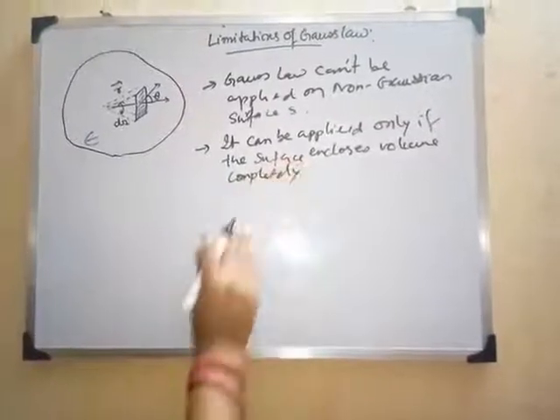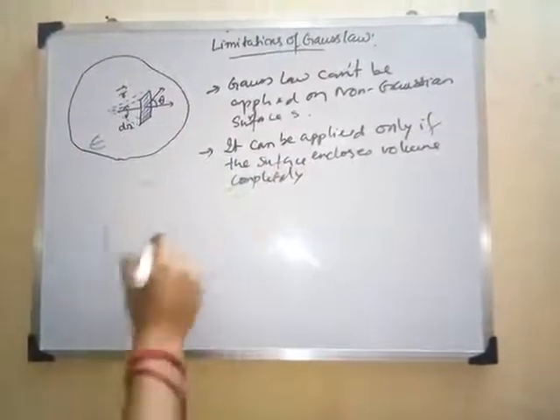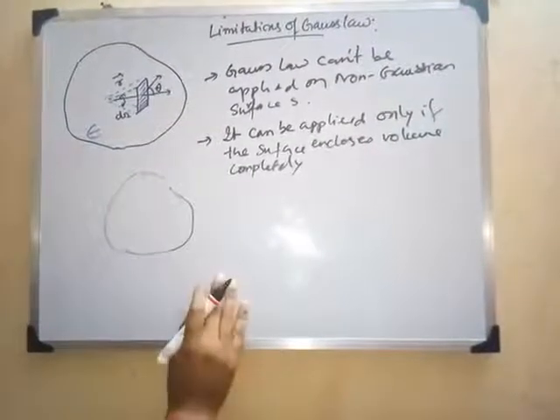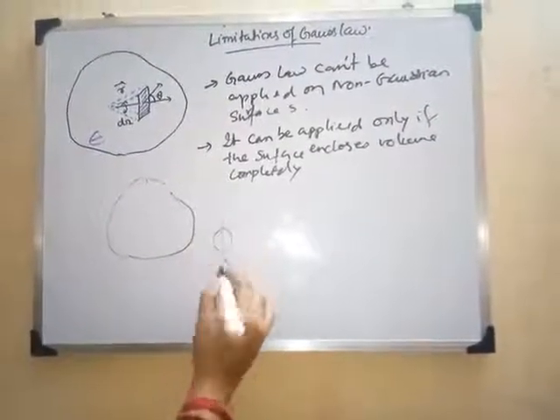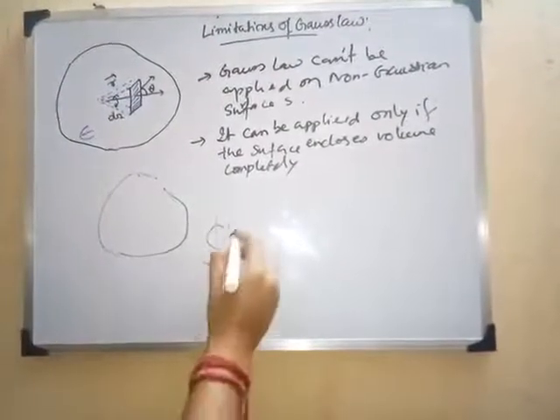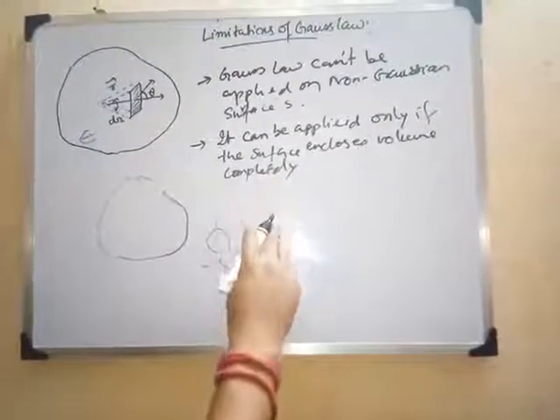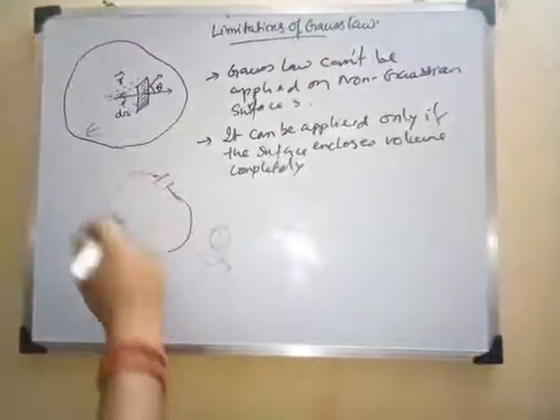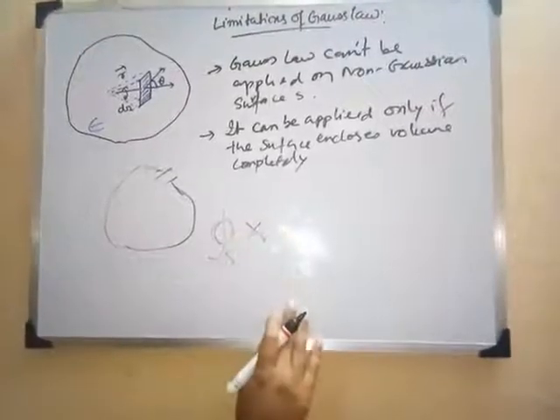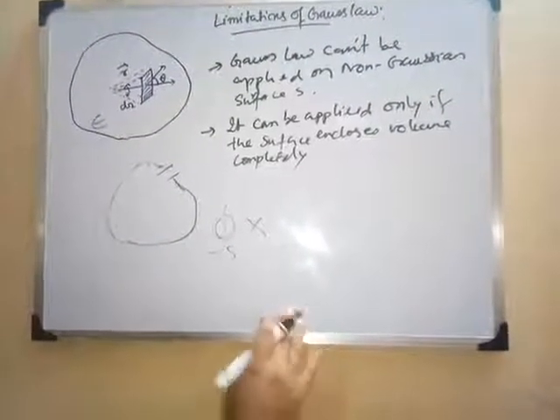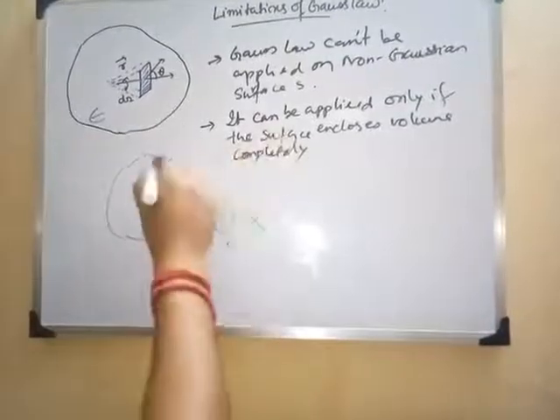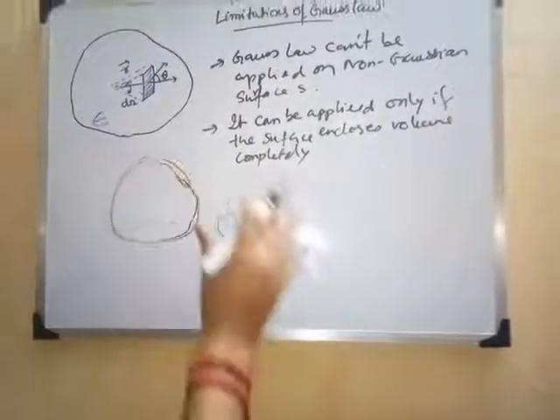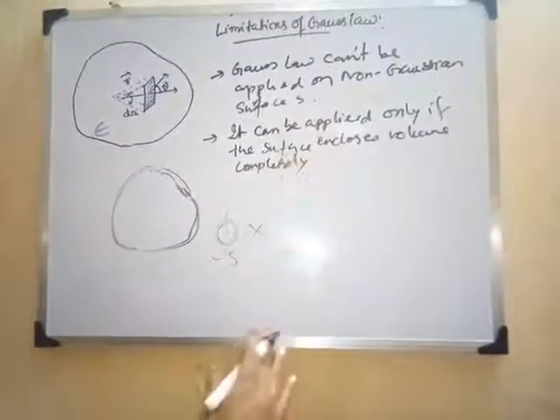That means if there is some gap in the volume, not a continuous line, we will not be able to use the closed surface integral which we previously used in discussing Gauss law. If there is some gap in between and it is not connected, in that case we cannot apply Gauss law. Gauss law will be applied only where there is no gap, so it will be a continuous line or a continuous volume. These are the two important points you have to remember.